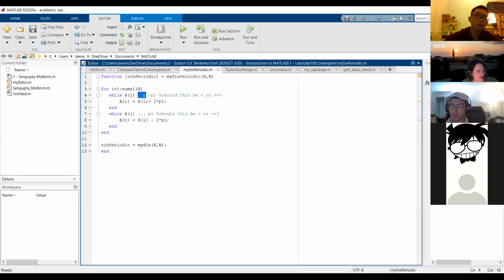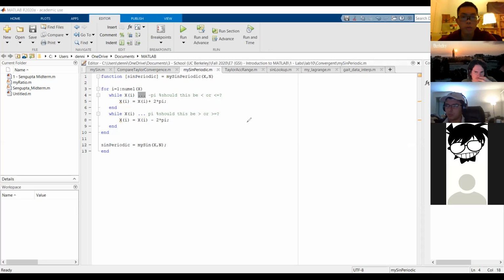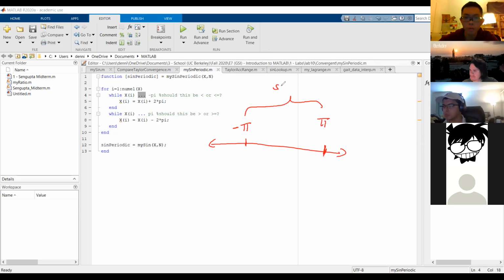Now, here's the question I want to pose to you. Here's the general structure. You want to loop over the number of elements in X. We already know this is the range in which we're going to operate: negative pi to pi. Let's draw a number line. Sine of x operates in this range. You may have seen this from a previous math class.